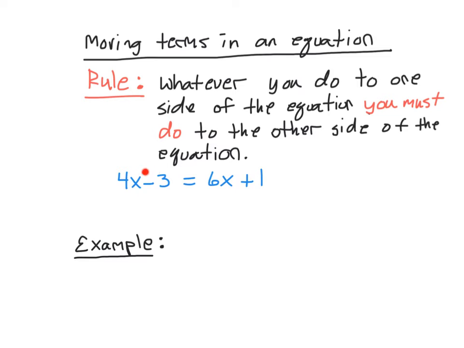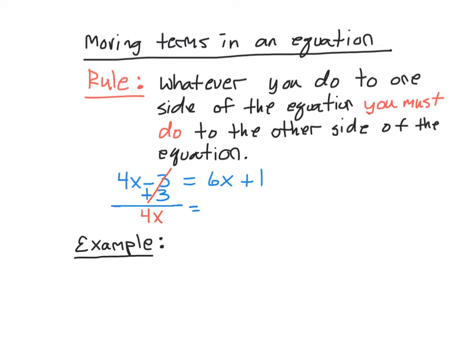Notice it's a negative 3, and so to move it, I want to add 3, because when I add 3 on this side of the equation, these two terms cancel, because negative 3 plus 3 is 0. Thus, on this side, I'd be left with 4x.